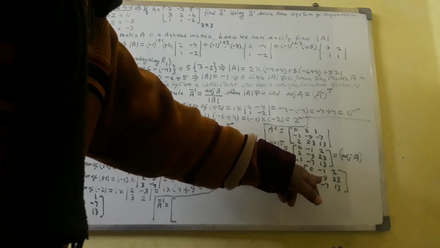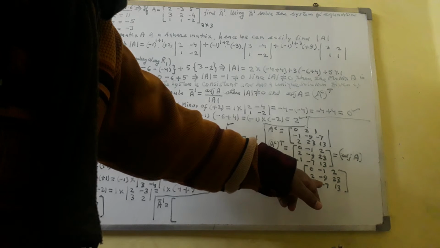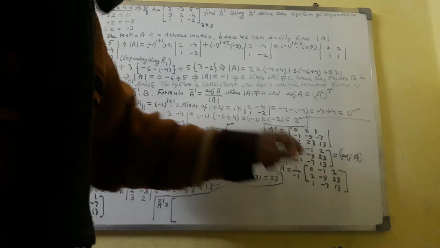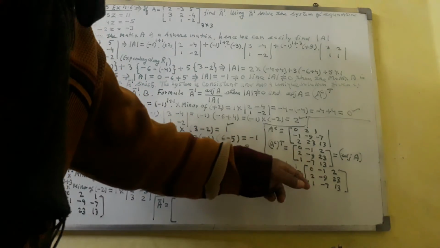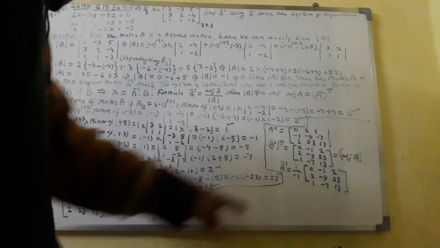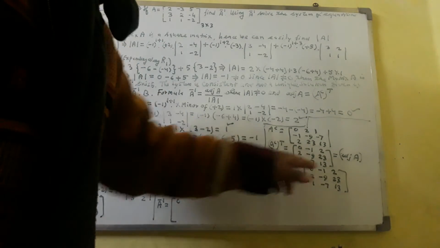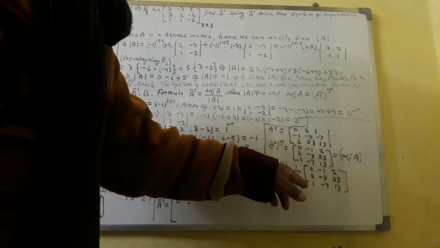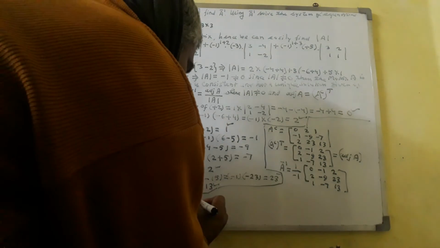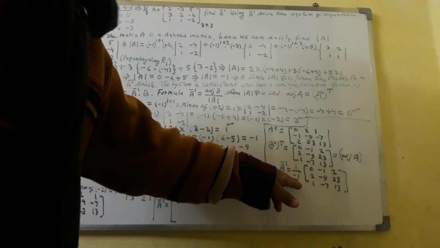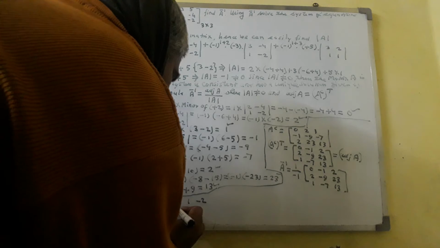Each element of this matrix will get multiplied by -1. 0 multiplied by -1 comes out to 0. -1 multiplied by -1 comes out to 1. 2 multiplied by -1 comes out to -2. This 2 multiplied by -1 comes out to -2.